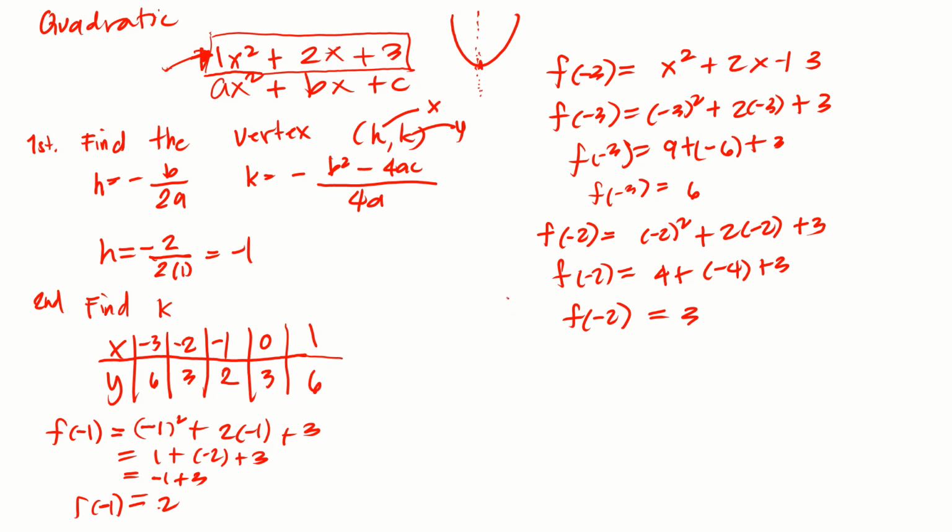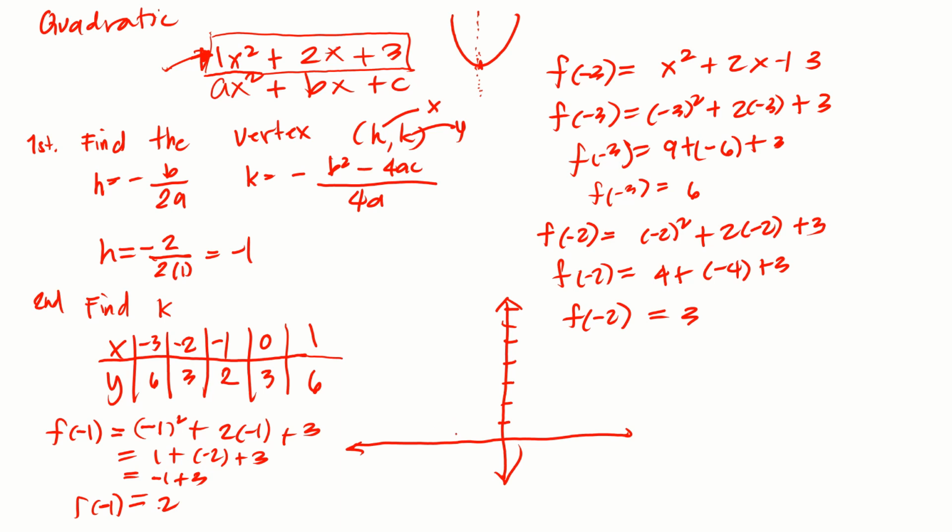So if we now graph this one, this is our graph. So this is 1, 2, 3, 4, 5, 6, 7.